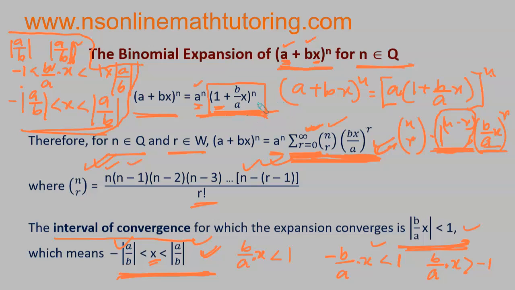For today's session, we will be taking up questions which have the a value as 1. In our next session, we will be having some separate value for a. It will not be 1, but for today, the a value will be equal to 1.